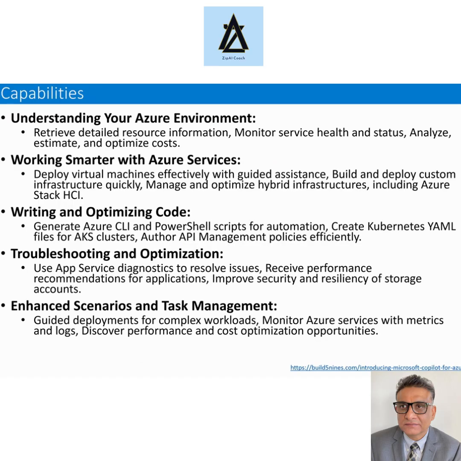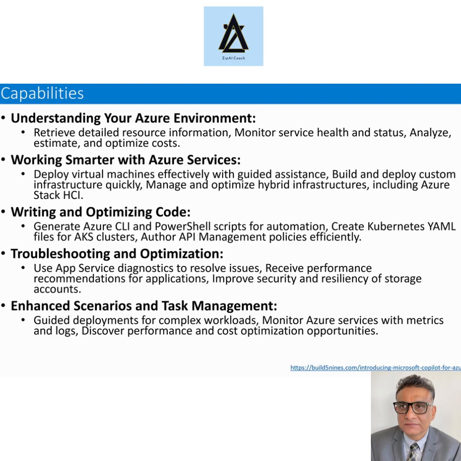So what you can do is understand the environment and work smarter with services. You can write command line scripts, PowerShell scripts, for doing a lot of things like managing automation and managing Kubernetes, and you can also write policies.